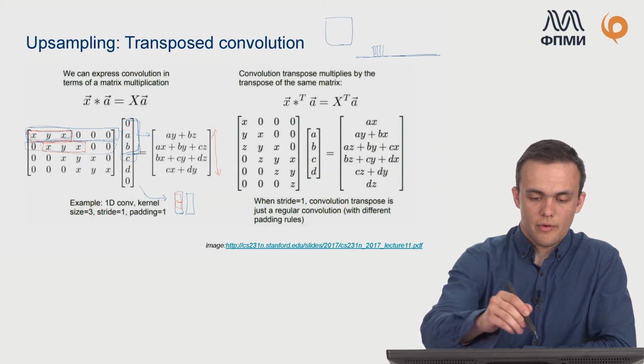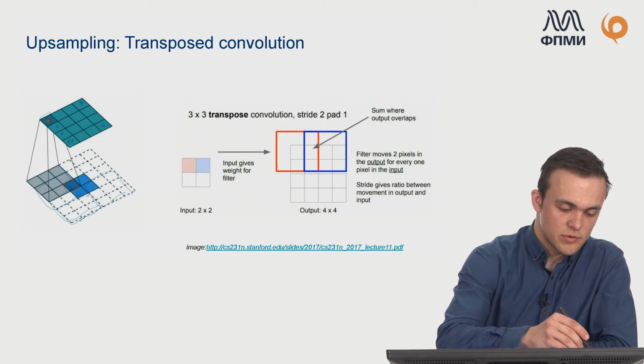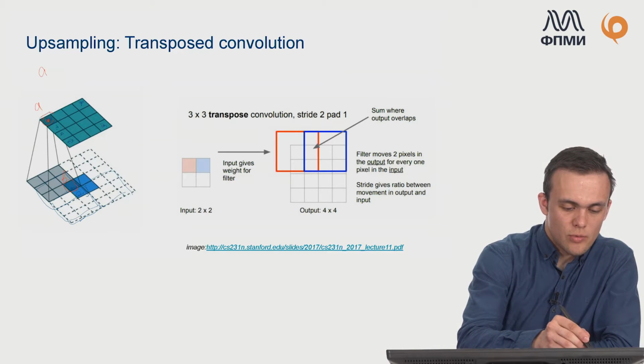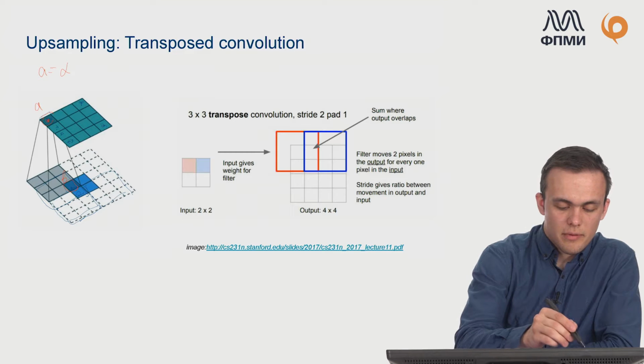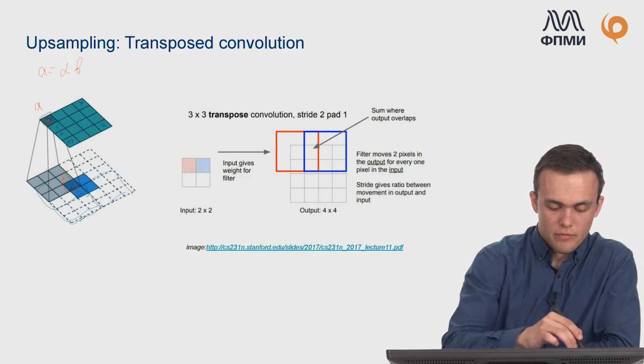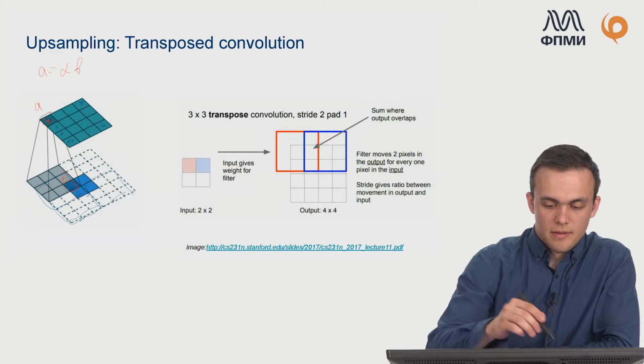So remember, when I was talking about that only one value will be non-zero, so this value will be, for example, this A and this B. So A will be just some number times B. There will be no summation over other coefficients.